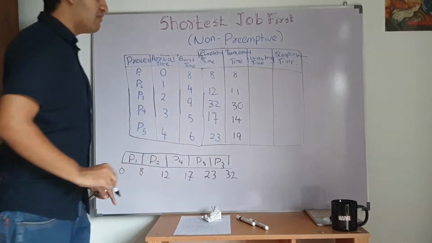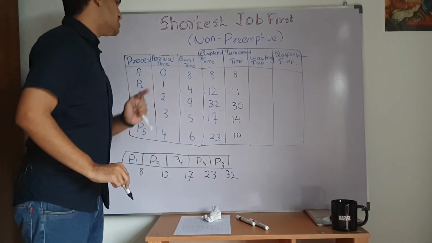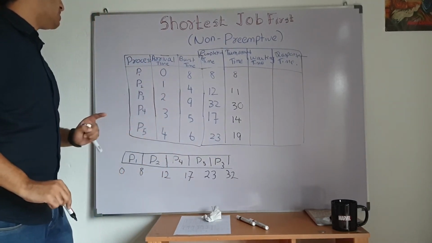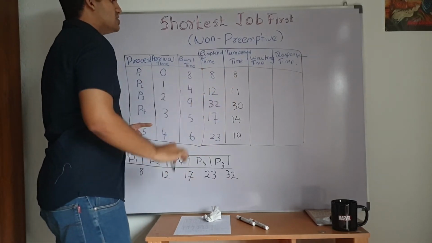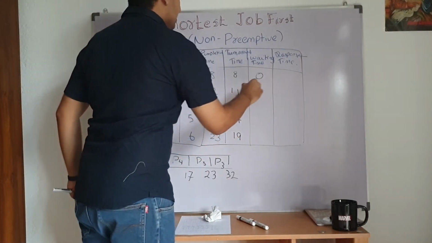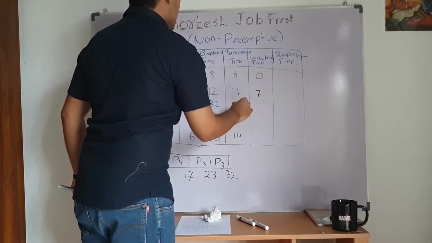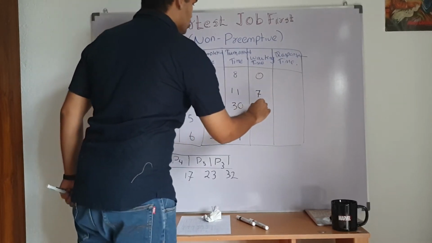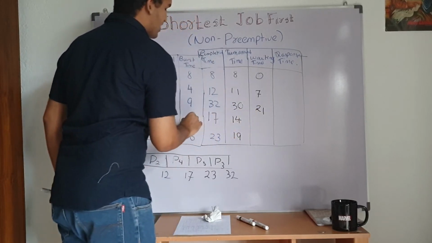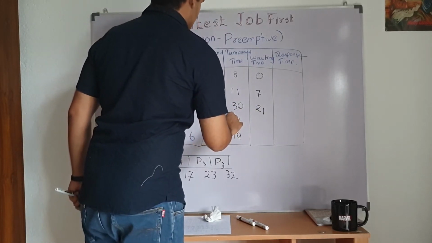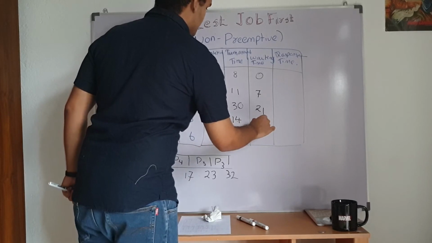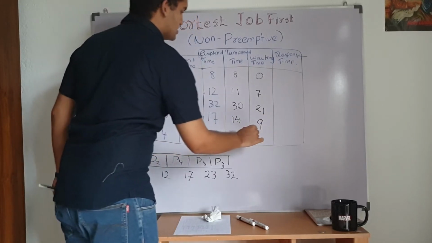Waiting time is turnaround time minus burst time. So you have 0 here, 11 minus 4 is 7, 30 minus 9 is 21, 14 minus 5 is 9, 19 minus 6 is 13.